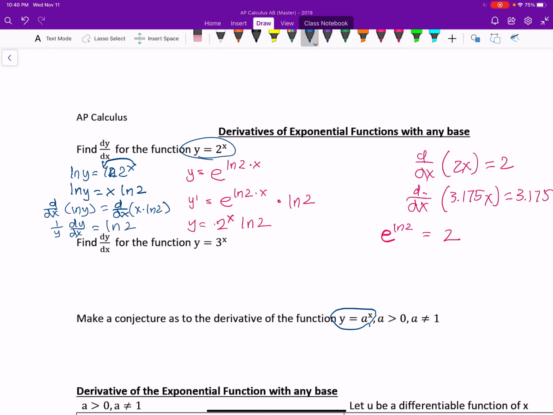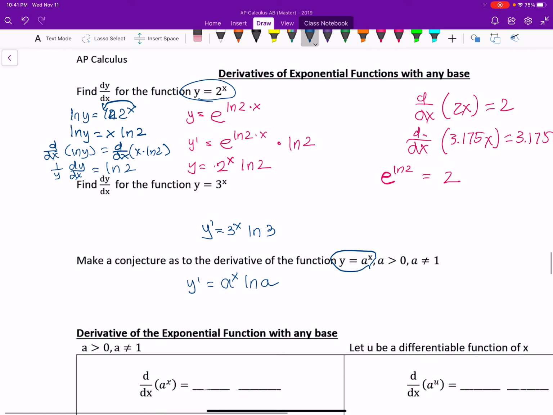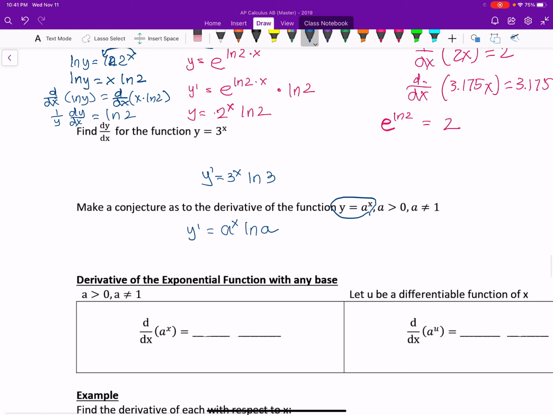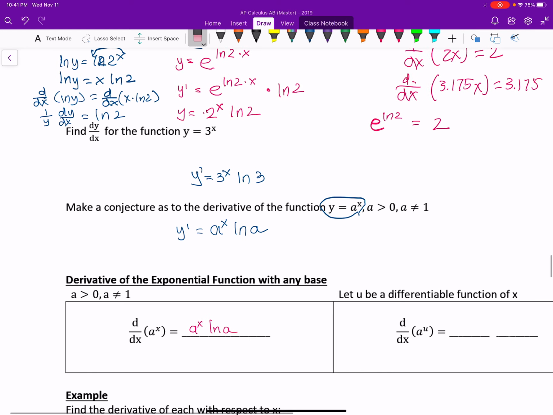You should be getting y prime is equal to 3 to the x times the natural log of 3. And this one, I'm hoping you got y prime is equal to a to the x times the natural log of a. And that is the actual derivative of any exponential function where the base is not e. You just have to multiply by the natural log of a.